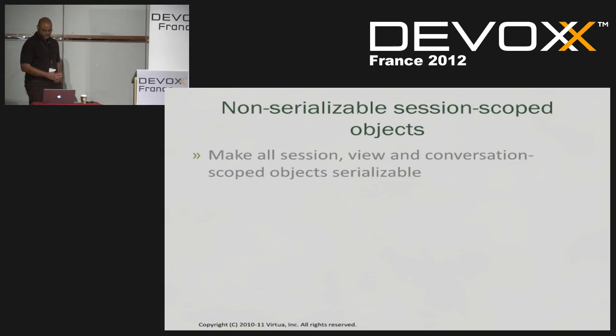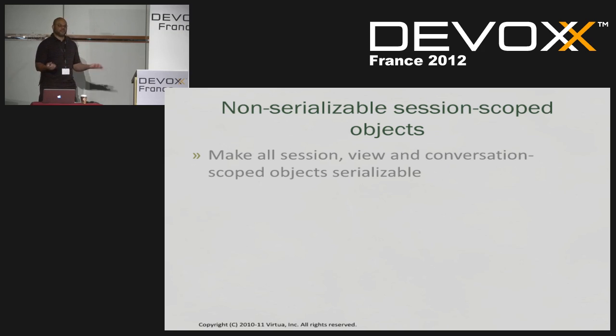All right. Next one is non-serializable session scoped objects, okay? So, one of the things to keep in mind is that anytime you have any sort of scoped JSF object, like a view or a session scoped object or a conversation scoped if you're using CDI or Spring, those are essentially ways to divide up the session, right?